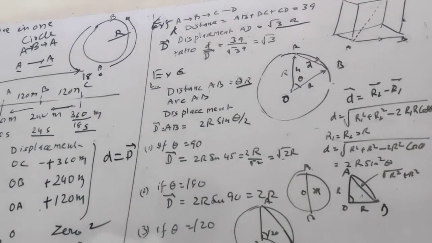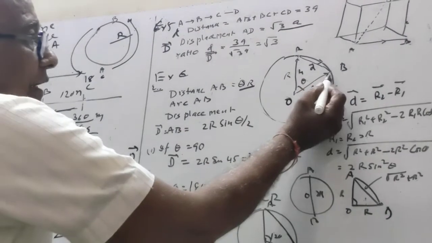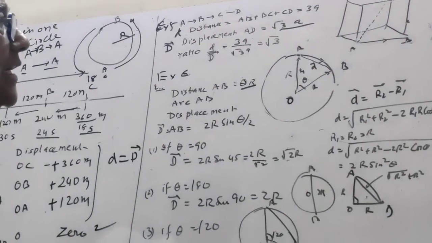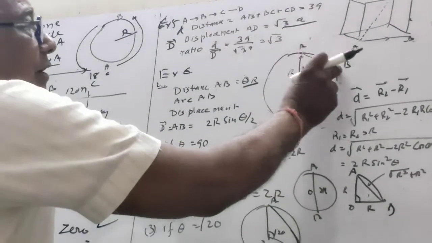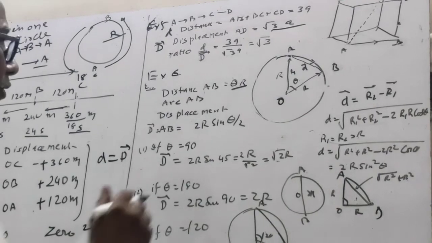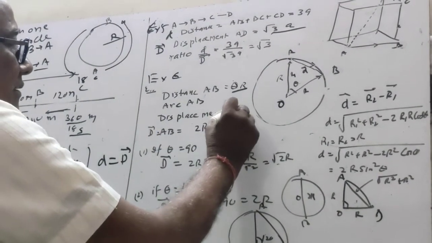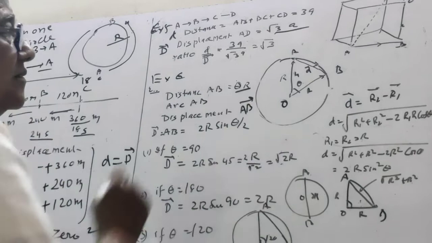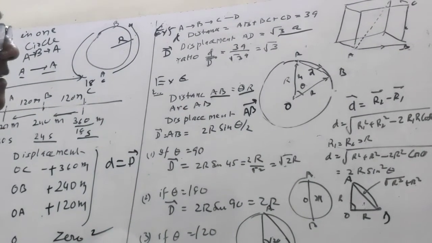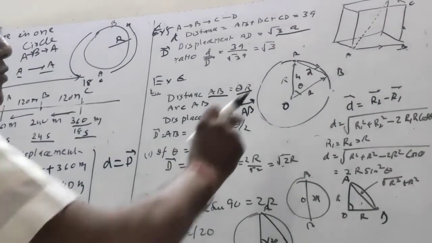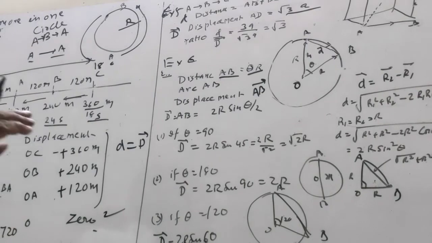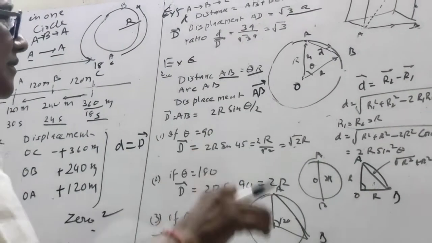Now what will be the displacement? The final position is this. So you draw a straight line from A to B, and that will be the displacement. So displacement will be equal to the vector AB. Here it is the arc, and this is the straight line AB. So if the angle is theta, we can find this when we study vectors.